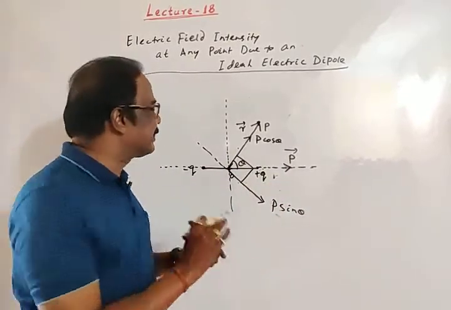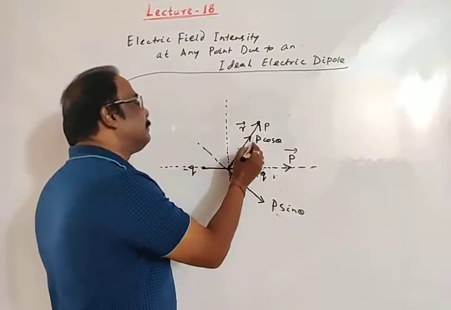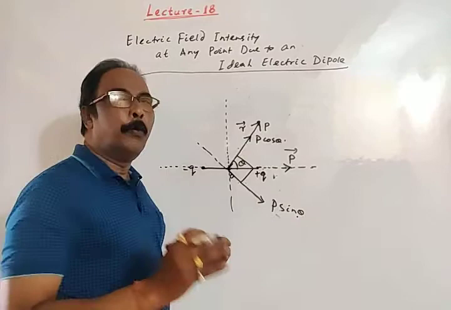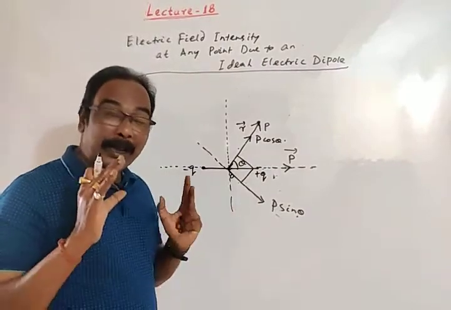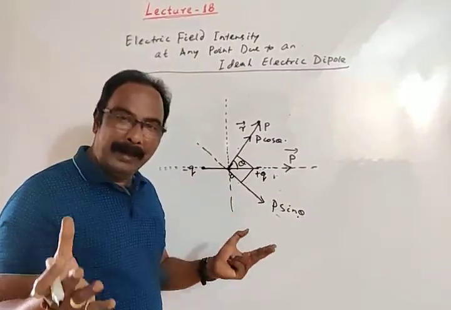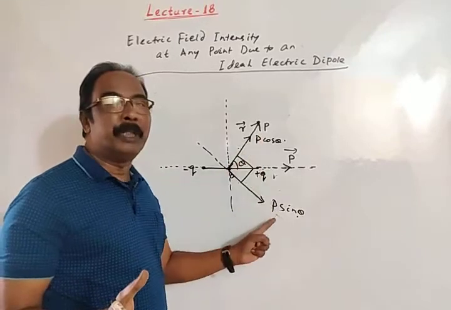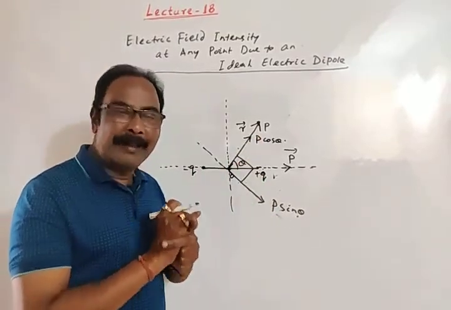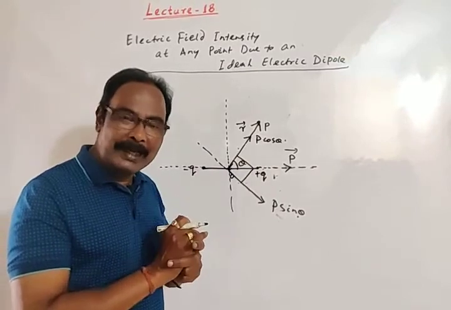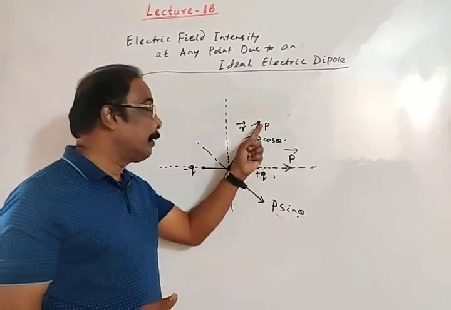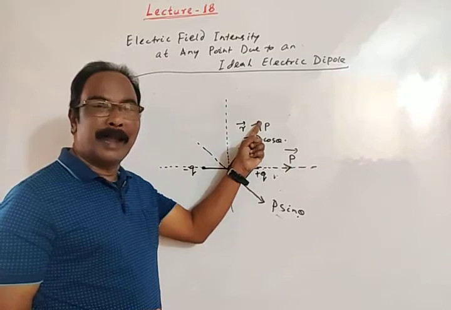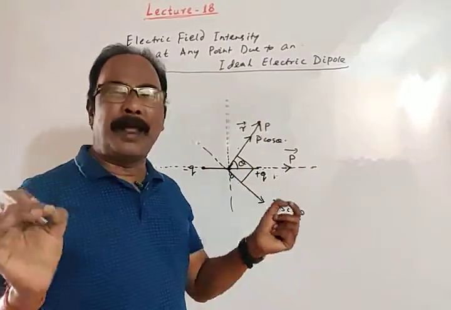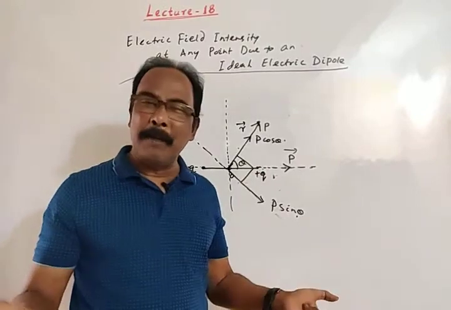Thus, we may imagine this is P cos theta and this is P sin theta. We will find two electric field intensities due to these two components. Then finally, we will add these two electric field intensities to get resultant field intensity at point P. In simple way, if there is a dipole, then there is a dipole moment.